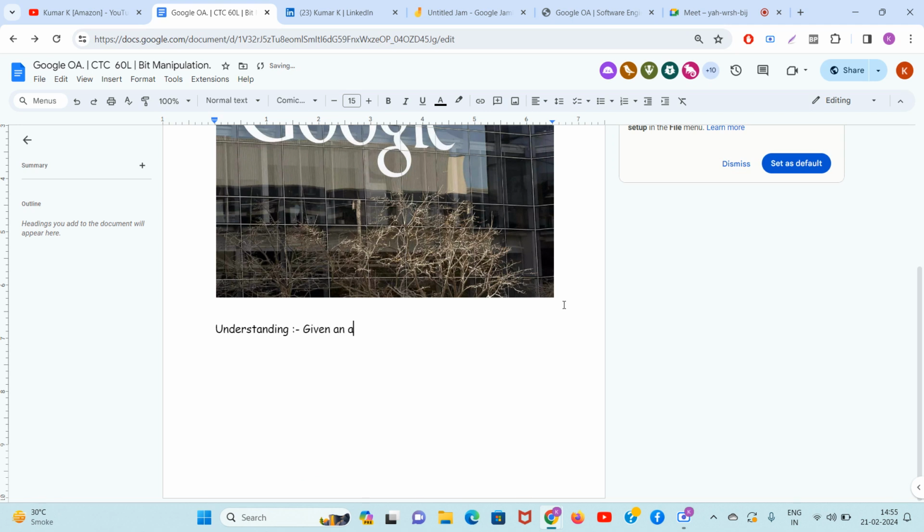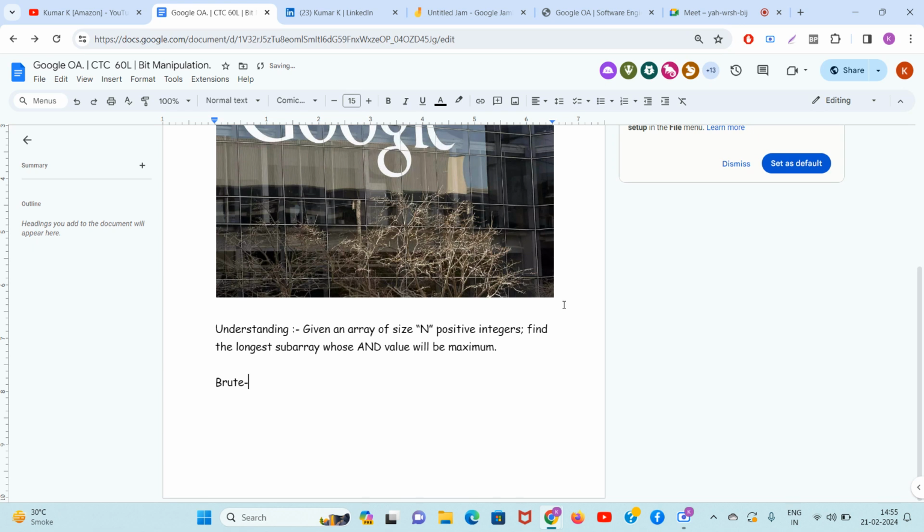Given an array of size n of positive integers, find the longest subarray whose AND value will be maximum. Guys, what will be the brute force approach?